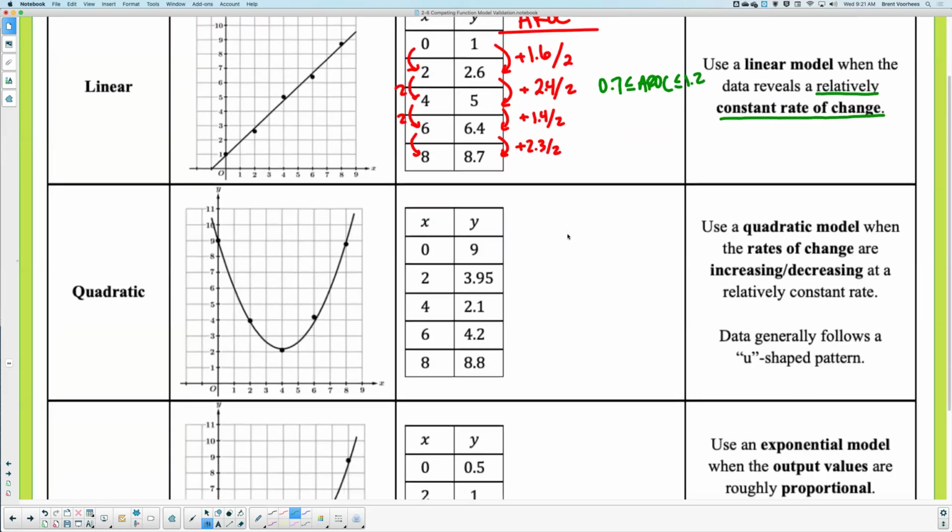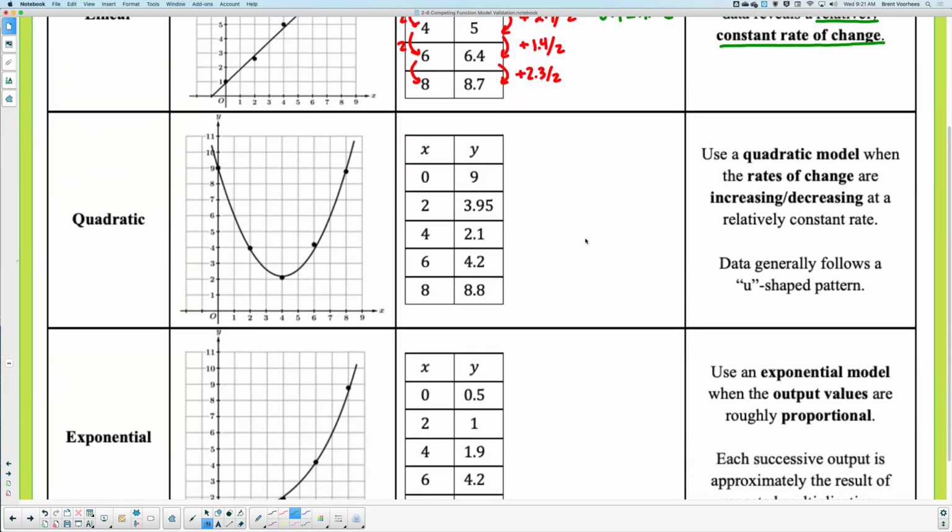Okay, how about quadratic? Now let's take a look at quadratic. Let's do the same task. Okay, what's happening this time? It's decreasing by 5.05, I believe. 5.05.